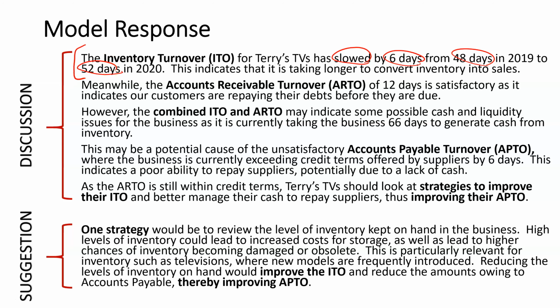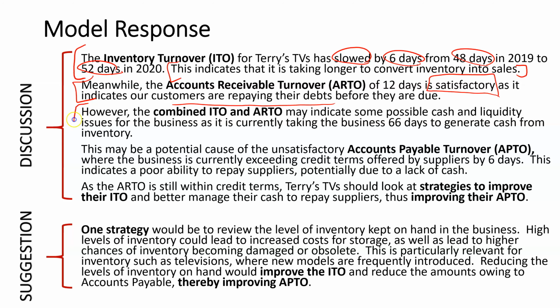I've used all that data and I've then said, what does this actually mean? And I've pretty much worked a definition in for my turnover there. I can also say that my accounts receivable turnover, and you can see I'm starting to say things like satisfactory, not satisfactory. And what this tells me, that customers are repaying their debts as they're due.